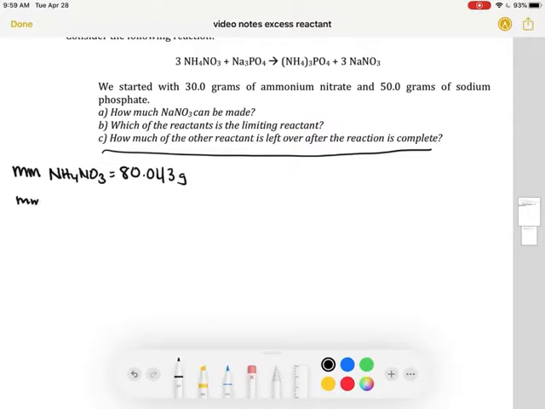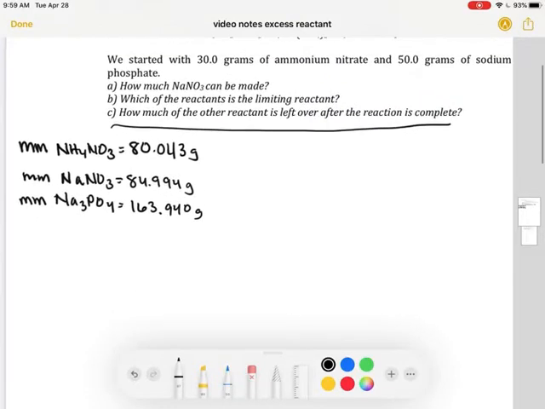The molar mass of sodium nitrate, NaNO3, which is our product, is 84.994. And the molar mass of our other reactant, Na3PO4, is 163.940. Now that that's out of the way, we can just get down to the stoich.